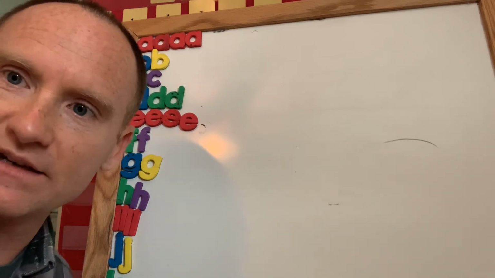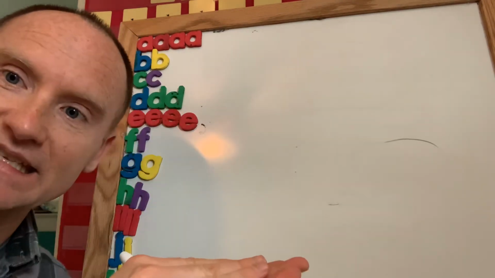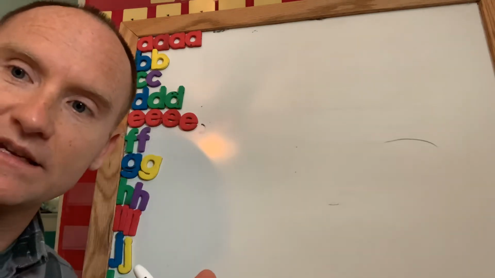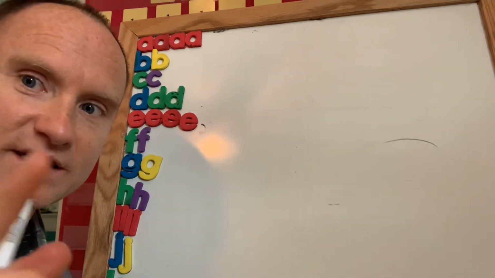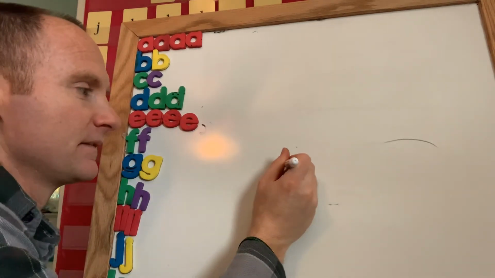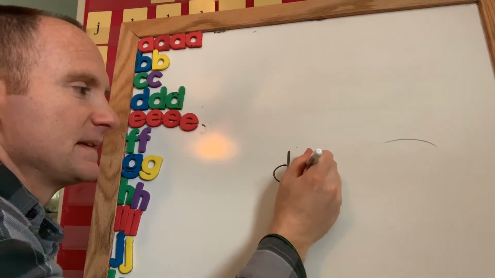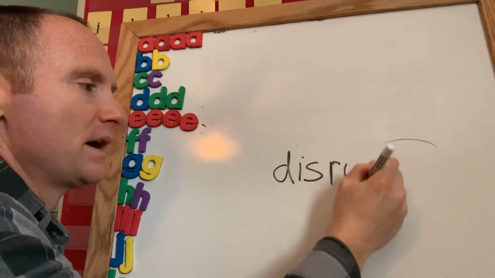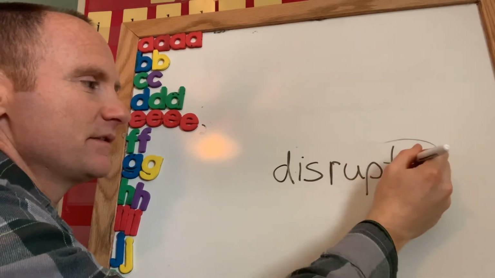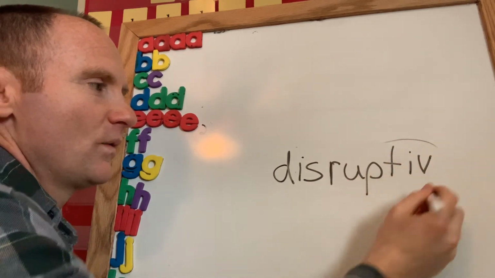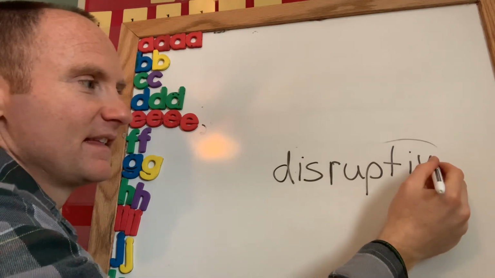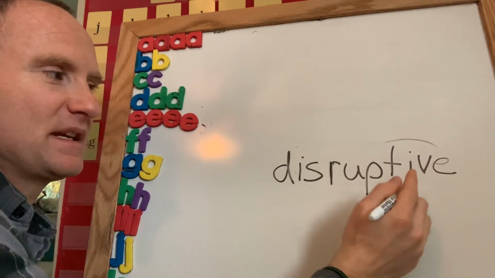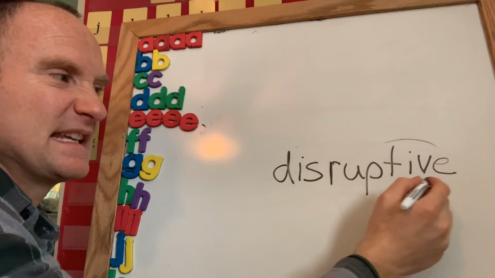All right, let's do a hard one, okay? Disruptive. All right? First, you got to clap it. Disruptive. All right, pause it and you try. You can do it. Disruptive. Now, what am I missing here? You got that E at the end because here is your vowel consonant E exception.